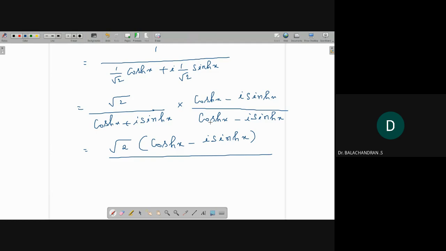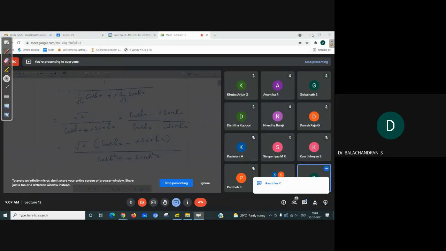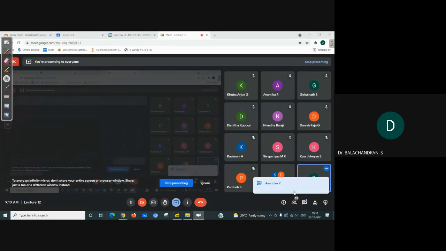So this is a plus ib into a minus ib, that is cosh square x plus sinh square x. Okay, so anybody got the answer?